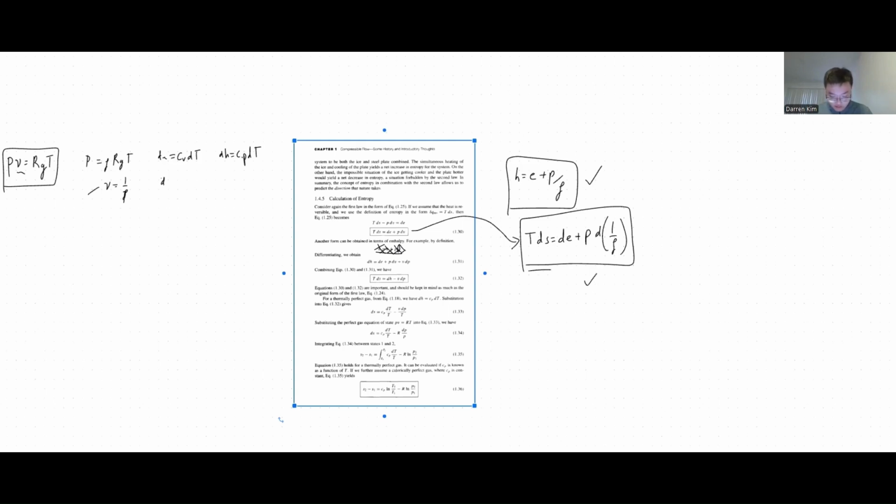Yeah. Anyways, we already did this part last time, I think. And if I didn't, then tell me later. You know what? We'll just do it. Okay, so the first thing we have to do is H equals E plus P over density, right?